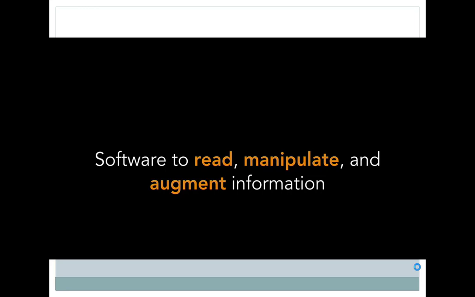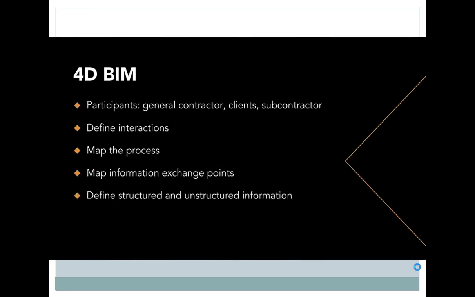Let's look at it from a different angle. Let us first start with BIM use. The 4D BIM, for example, the visual scheduling, lays out the participants such as general contractors, the clients, the subcontractors.